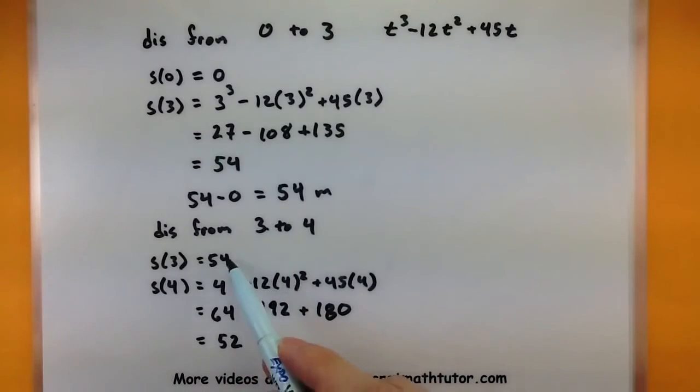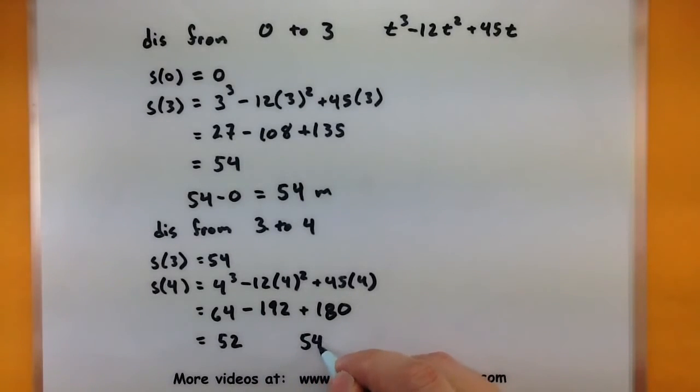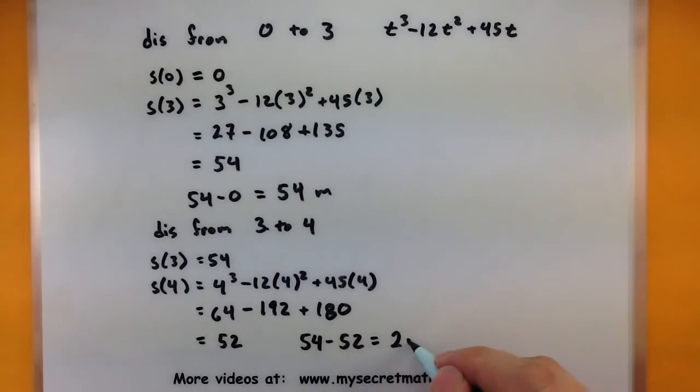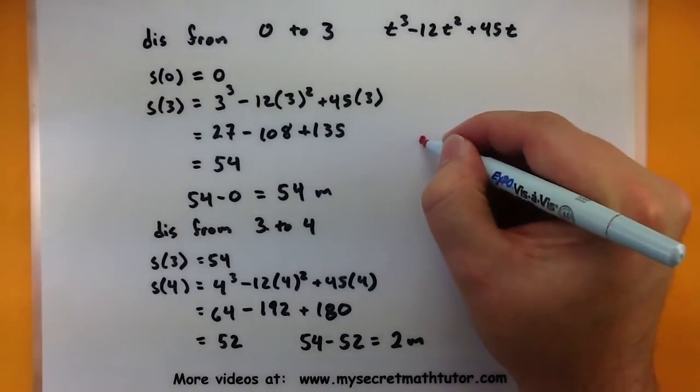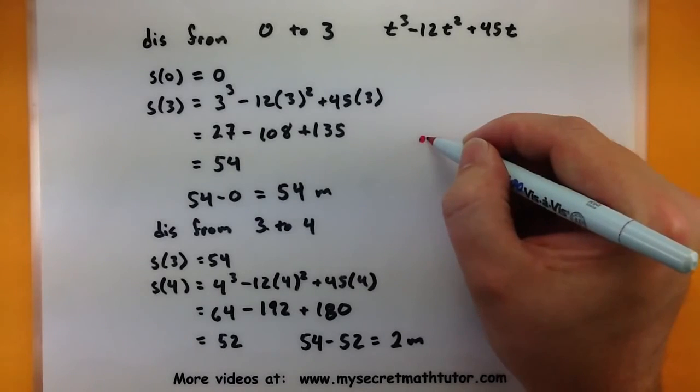So to get my distance, I want to see how much it has traveled from 54 to 52. So we'll subtract those. And I can see that it has traveled 2 meters during that distance. All right, so in the big picture, here's what we're really getting. So I had my particle start at, say, 0.